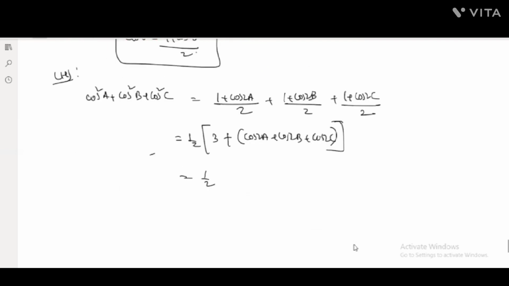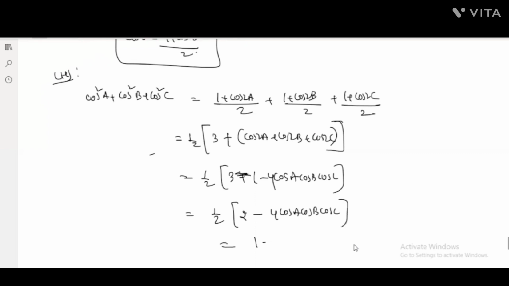So 1 by 2 into 3 minus 1 minus 4 cos a cos b cos c, that is equal to 1 by 2 into 2 minus 4 cos a cos b cos c.